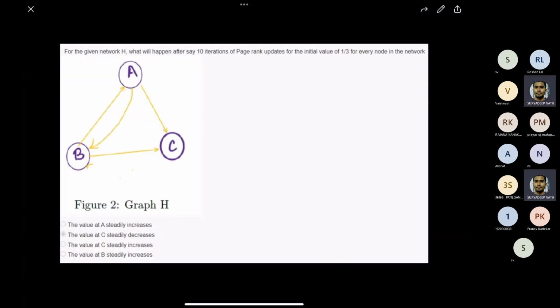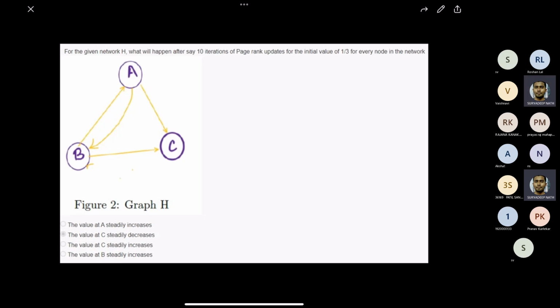So the two images are two different questions, but the figure is the same. For the given network, what will happen after 10 iterations of PageRank update, for the initial value of 1 by 3 for every node?